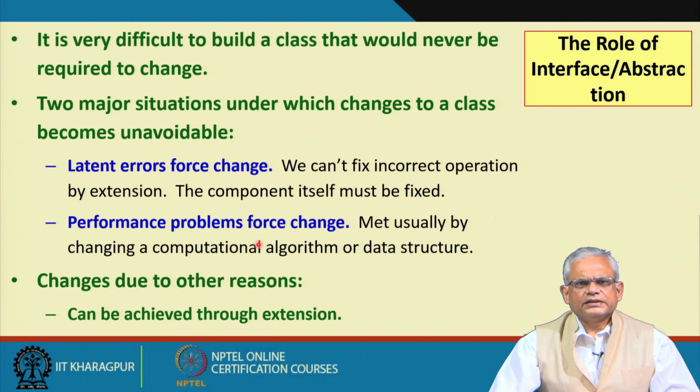One is existing bugs and performance problems. And if we need to change it, of course, we can always extend it, but suppose we do not want to just add new features, these two problems will not get solved even if we are using extension. One is that the base class itself has a problem, later we identified that there is some problem.